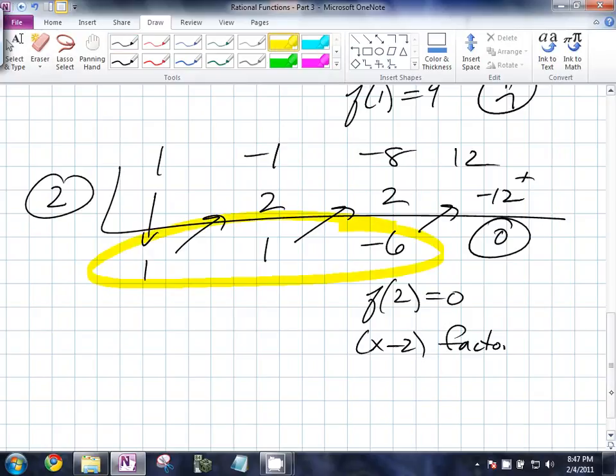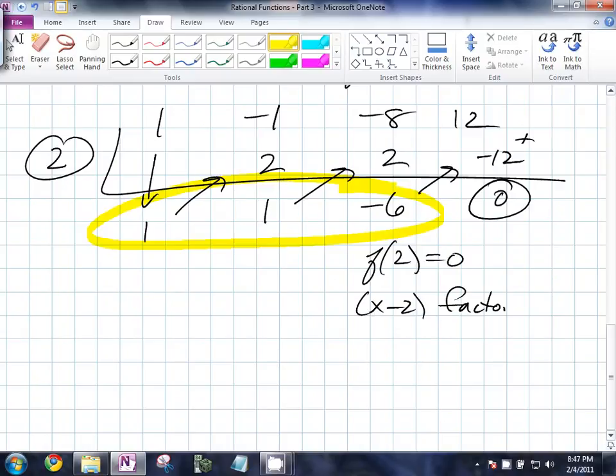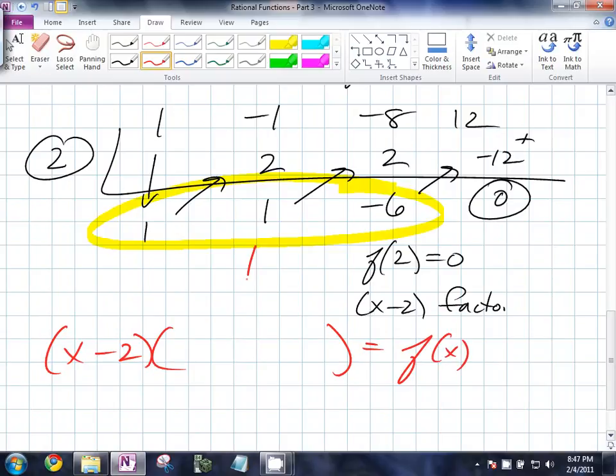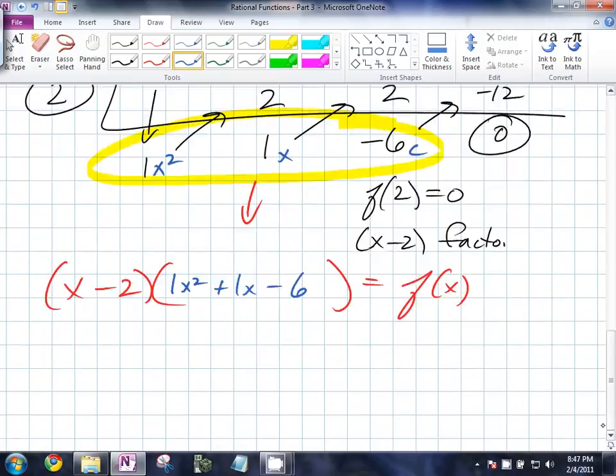That means that x minus 2 is a factor times something equals our original f of x, and that something is right there in the yellow. Because this right here is the constant, this is the x, and this is the x squared: 1x squared plus 1x minus 6. We're now in safe territory because we're in quadratic land, and it's nicely factorable on top of that.